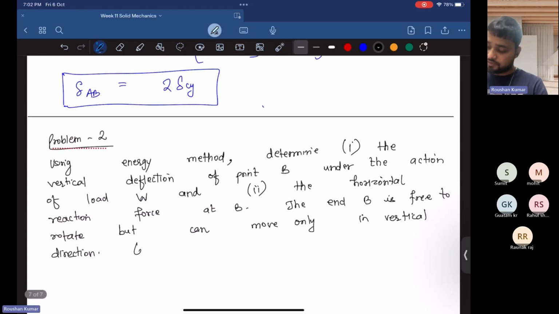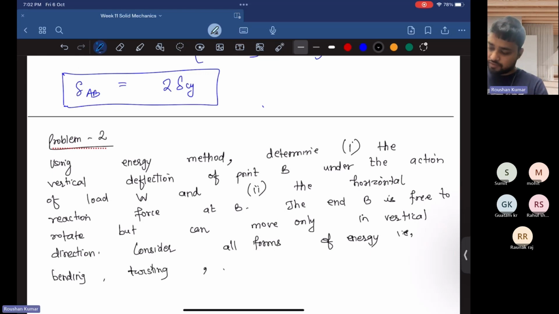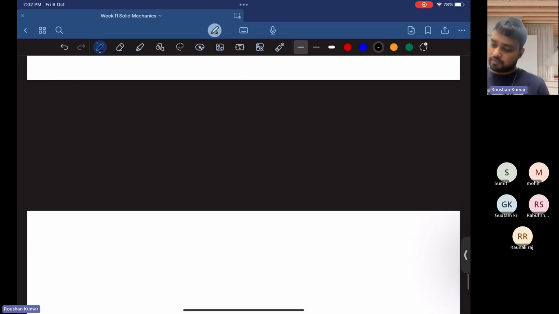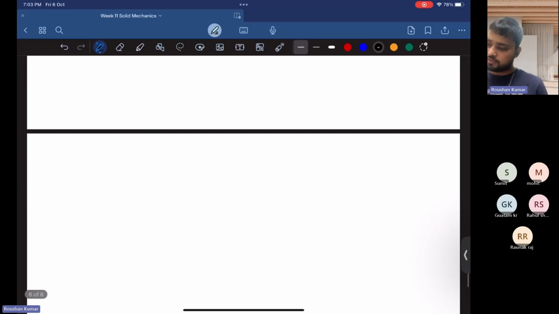Consider all forms of energy, that is bending, twisting, stretching, as well as shearing energy. So we have a question, we have a figure also here. So I will draw the figure first.